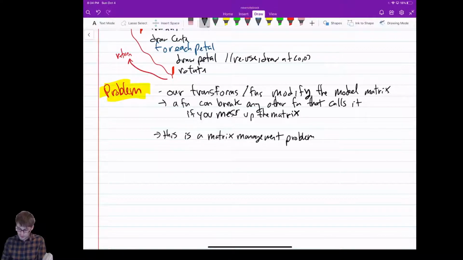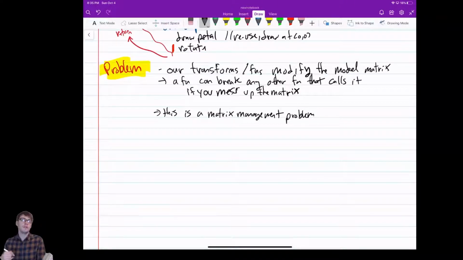Now the most common solution is a simple rule. And if everybody follows this simple rule, the problem goes away. The rule is this. If we modify the matrix, we need to restore it when we're done.